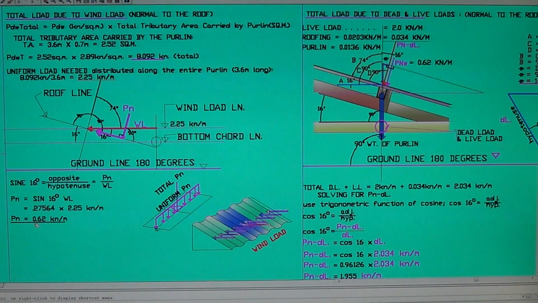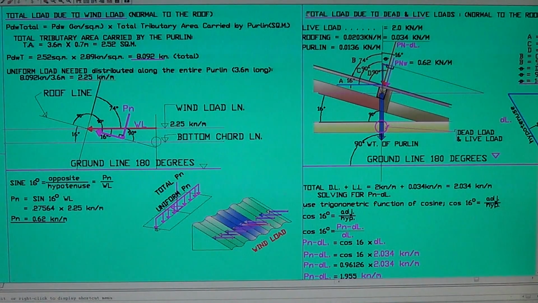PN finally is 0.62 kilonewton. Okay, that's the PN. Now we got the PN value there. Okay, that's the final load applied due to the wind load applied to the purlin. Alright, so this is it now. The PN right here, PN due to the wind load, that's the load we're gonna be using to design the purlin.